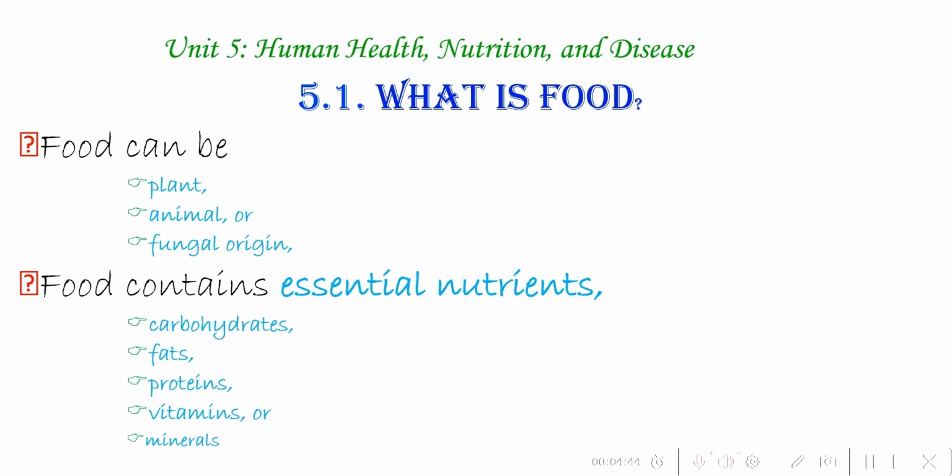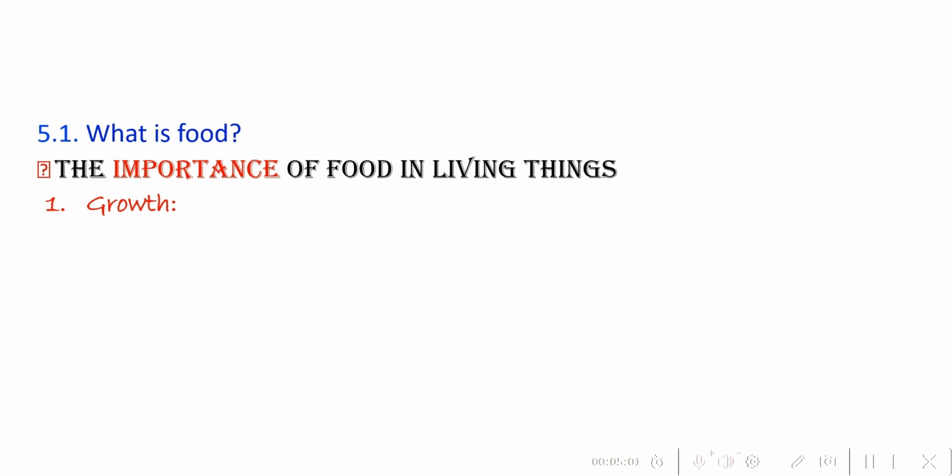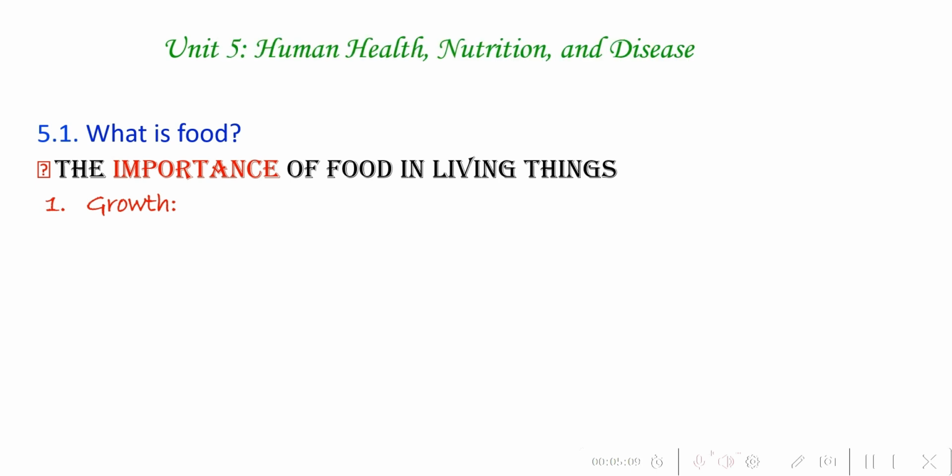The other point that you have to understand: what is the importance of food? Let's talk about the importance of food. The first thing, food is important for what? Growth.